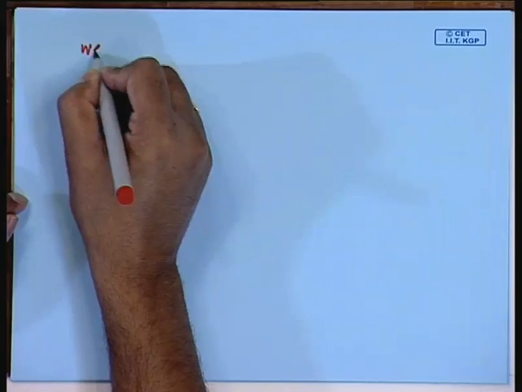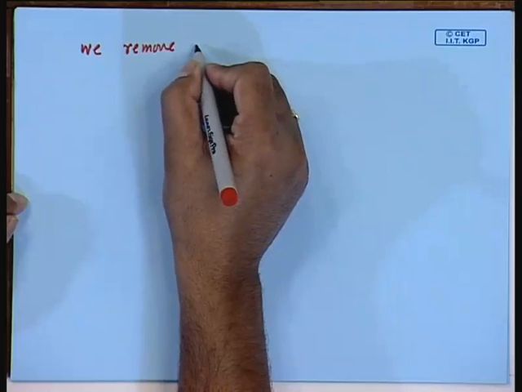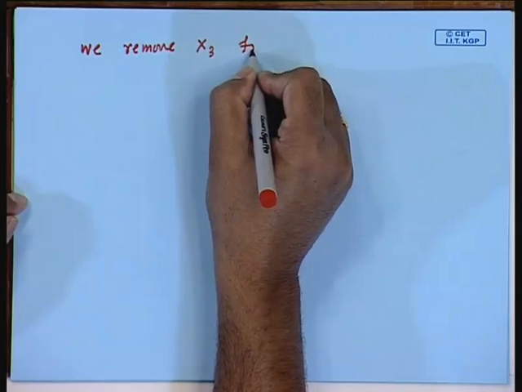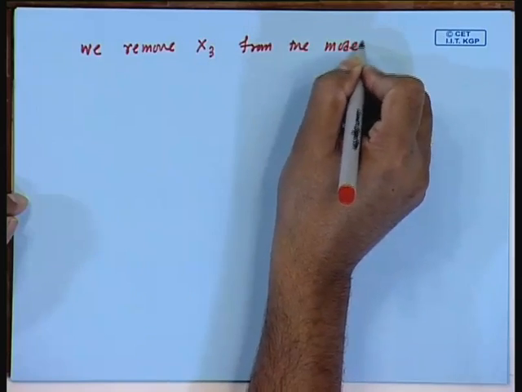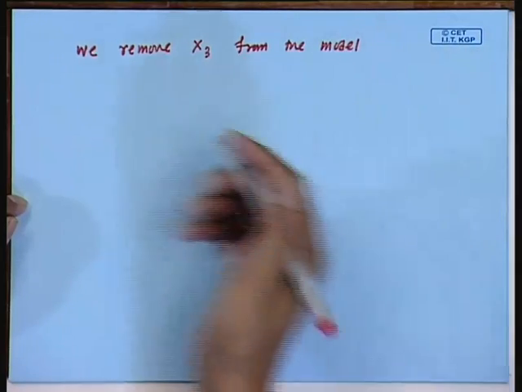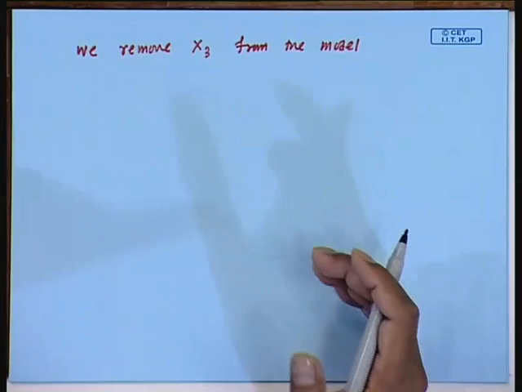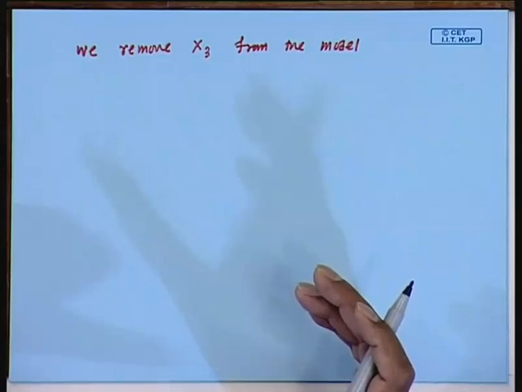So, we remove x3 from the model. Now, once x3 is removed from the model, we are left with x1, x2 and x4.